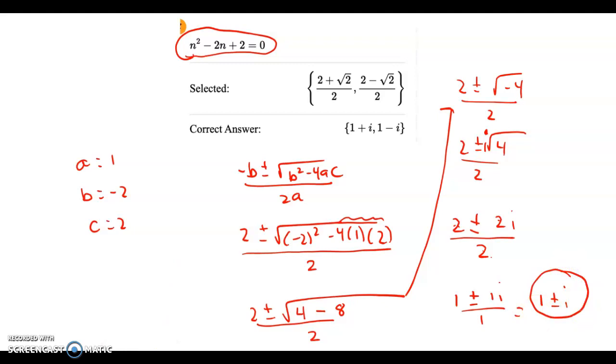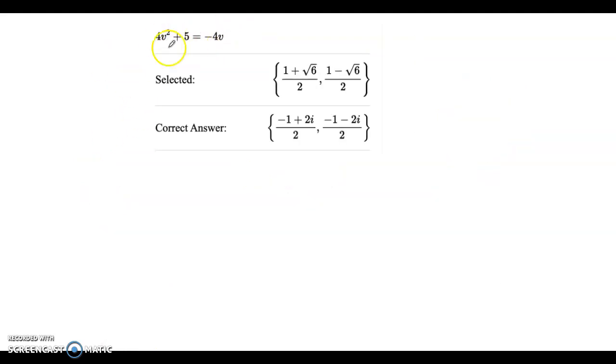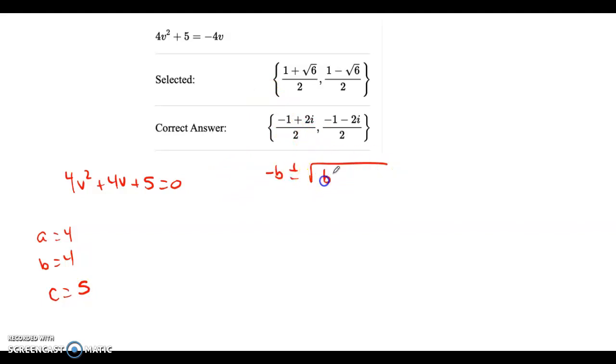Okay, the next one. You have to put this in order first, set this equal to 0. So we're going to have 4v squared plus 4v plus 5 equals 0. Again, A equals 4, B equals 4, and C equals 5. So negative B plus or minus, just so you can see the formula, the square root of B squared minus 4AC all over 2A.